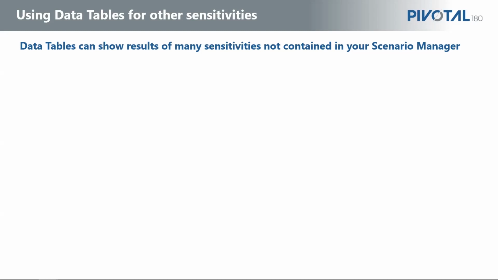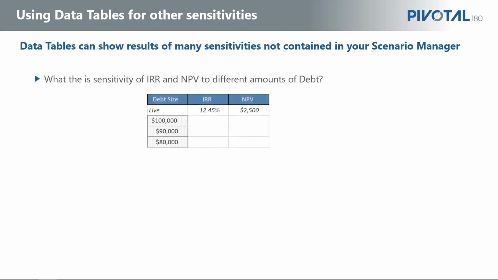So for example, let's say you wished to run a sensitivity of what is the NPV and IRR of this project for an equity investor when the project borrows different amounts of debt. You could specify in your column input cell 100,000 in debt, and 90,000 in debt, or $80,000 in debt.